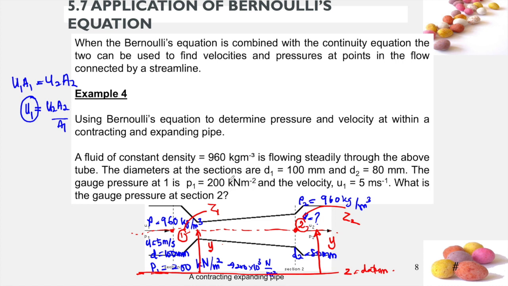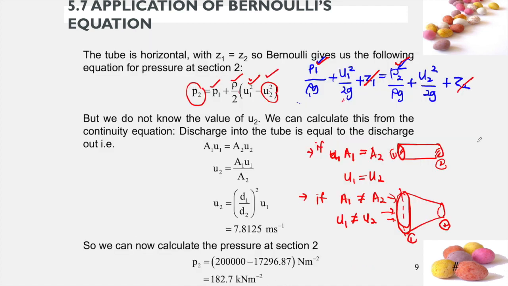So you have to change it into 200 times 10 to the power of 3 Newton per meter square. Then you will get your value of P2 is around 882.7 kilonewton per meter square.